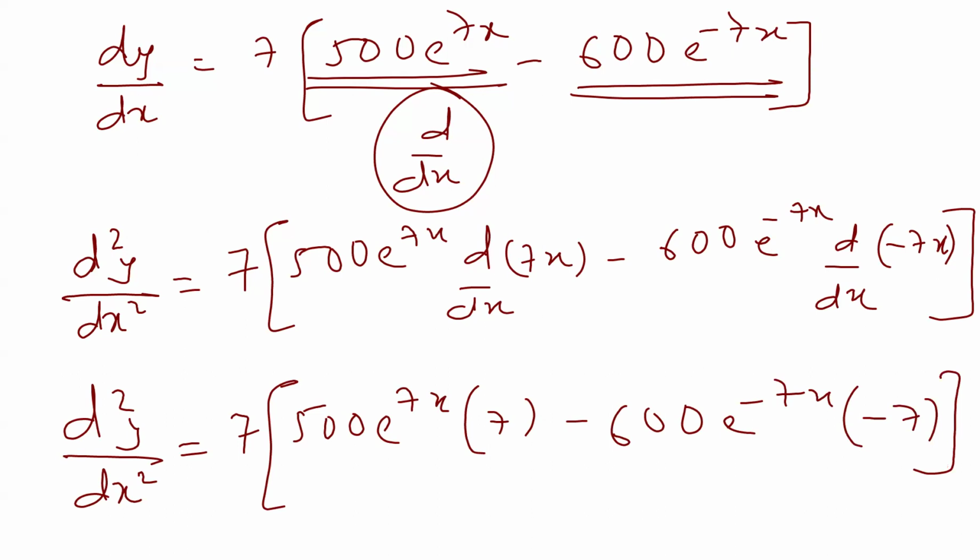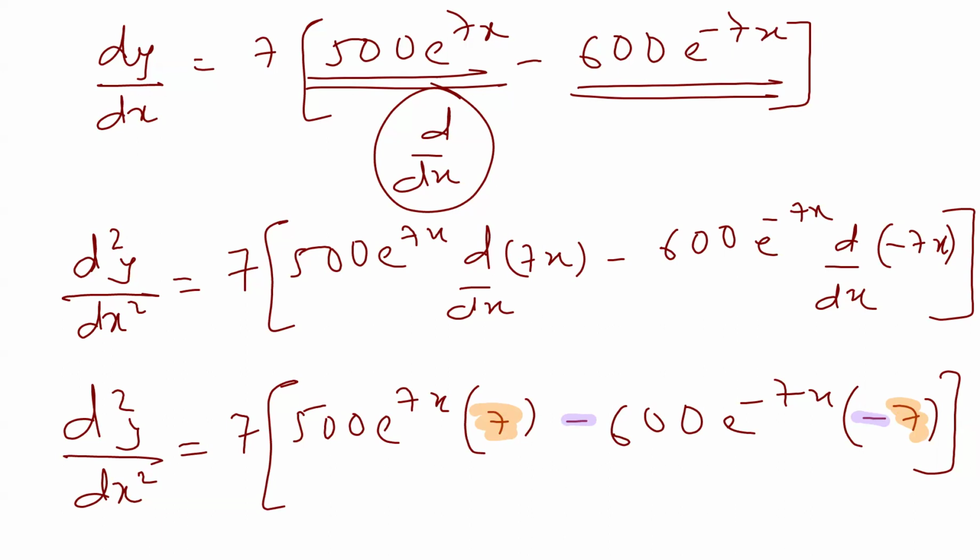Now again I'm going to take 7 common. Just take 7 common. And at the same time, in between this minus and this minus will be plus. So let me take that 7 common. Now when I take the 7 common, outside there is already a 7. Okay?